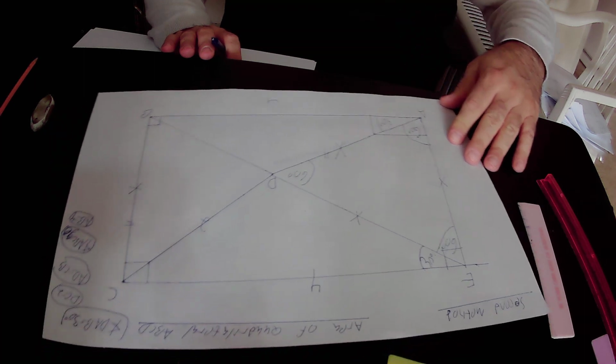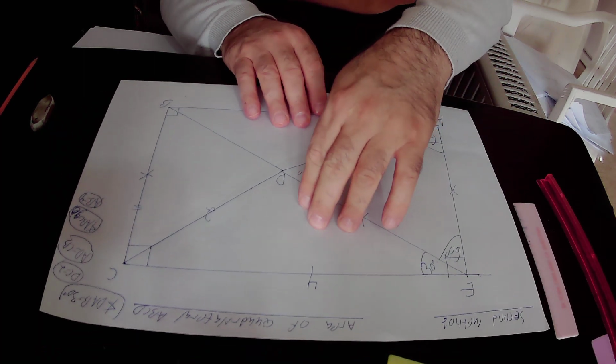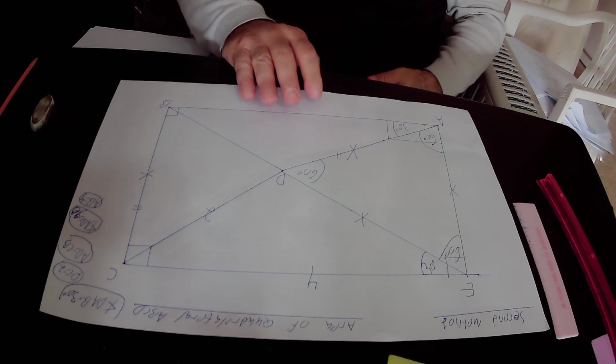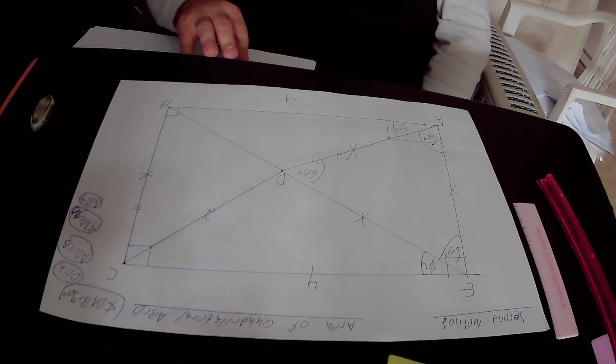In the next step, we will prove that those two triangles can go into each other. So why can those two triangles go into each other?